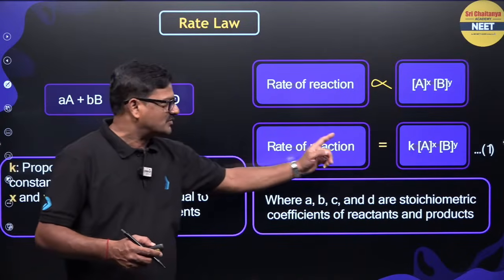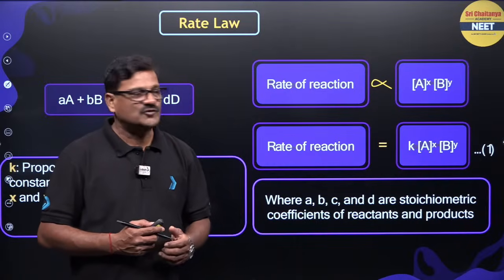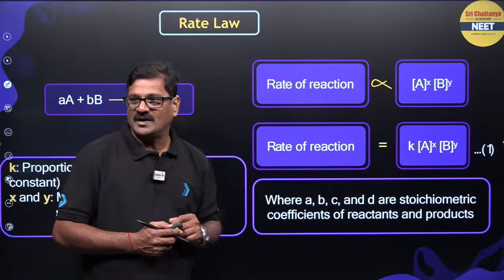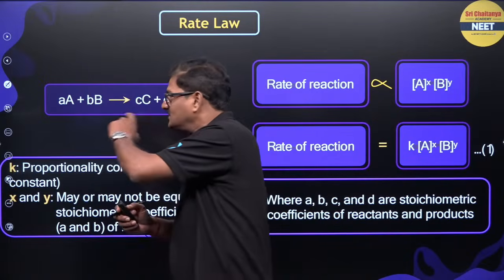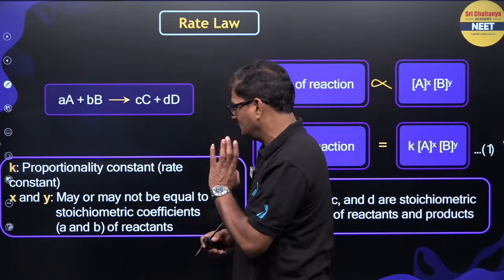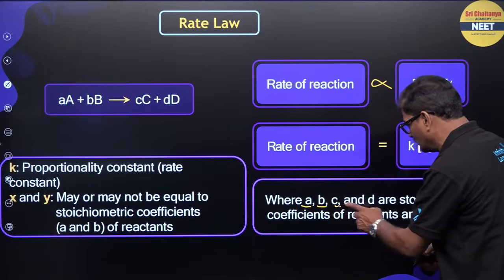And rate of reaction is equal to K, A to the power x and B to the power y. So, what is this x and y? And K is a rate constant. Here a, b, c, d, small a, b, c, d are said to be stoichiometric coefficients. We are not going to use this.